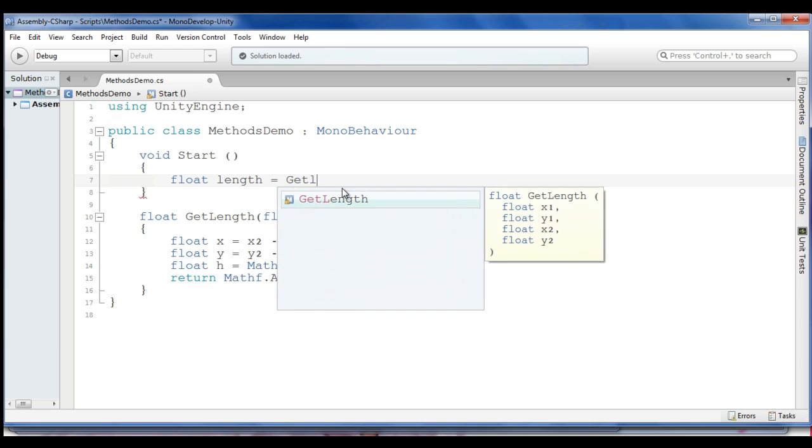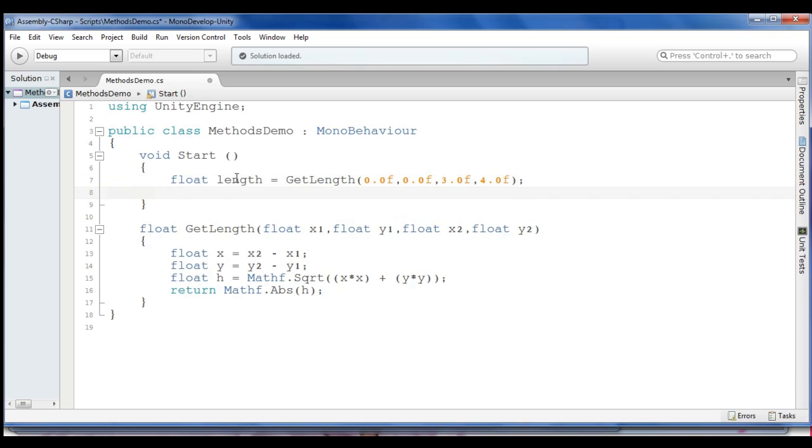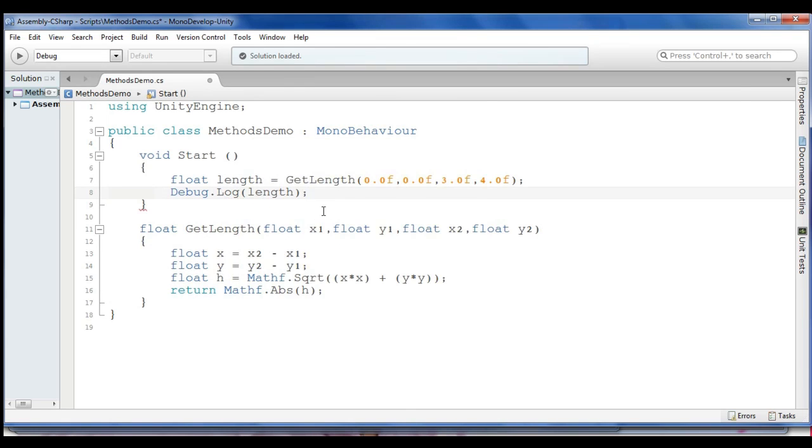GetLength is our function, and it is asking for x1, y1, x2, y2. x1 is 0.0f, y1 is 0.0f, x2 is 3.0f, and y2 is 4.0f. So this is going to give us the length, and we can use Debug.Log to display the length on the screen.